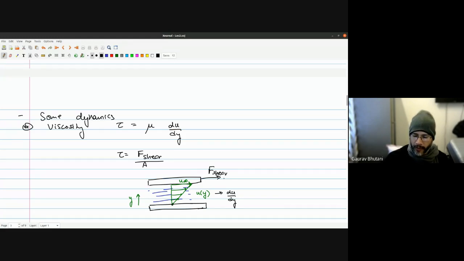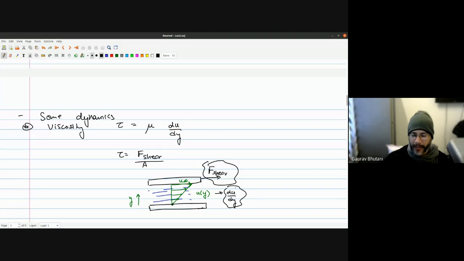So viscosity basically tells us a link between F shear and du by dy. If you have a more viscous fluid, like honey, for example, then for the same shear force, du by dy will be different.